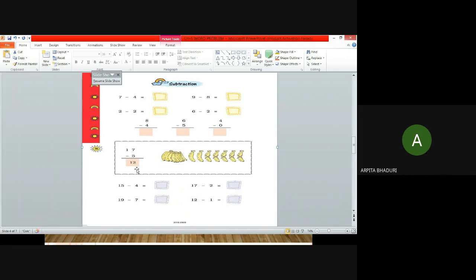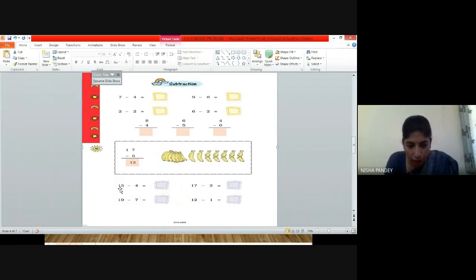Okay, let's see a few more examples here. 15 minus 4. One more thing you can do: you can do backward counting. Let me tell you how. Suppose you have 15 objects or 15 apples and somebody has eaten 4 apples.